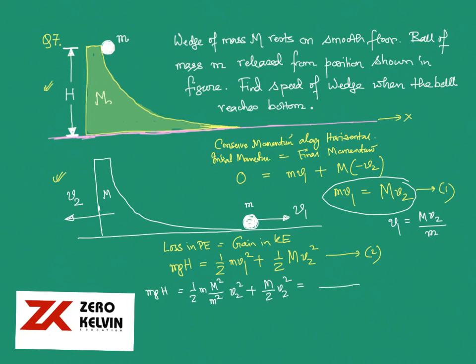So this capital M square and small m will cancel.